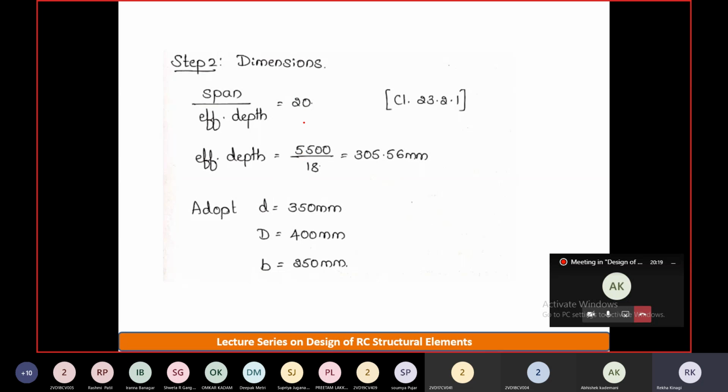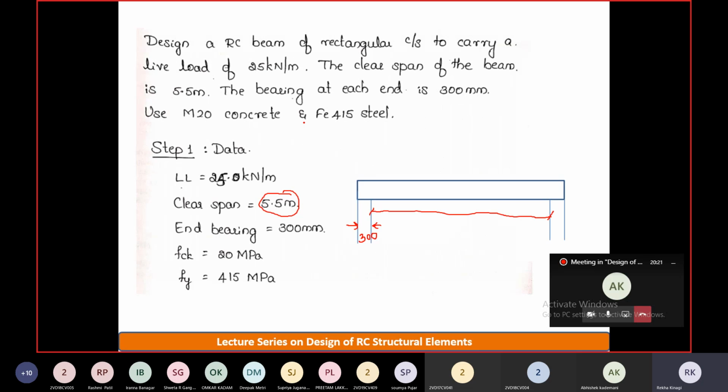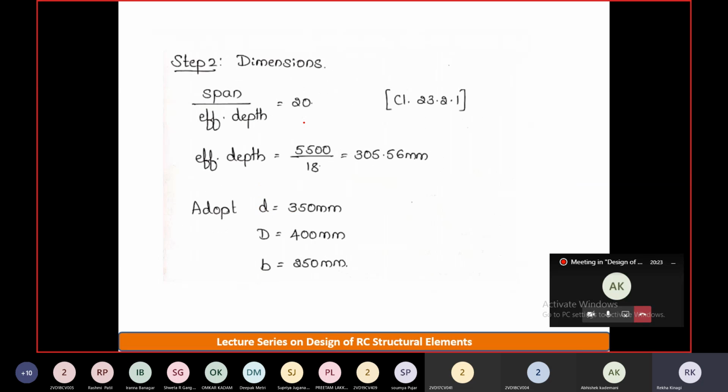Here the live load in this numerical is 25 kilonewton per meter, so let's consider the span to effective depth ratio as 18.